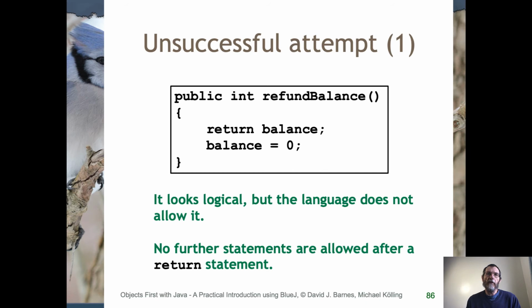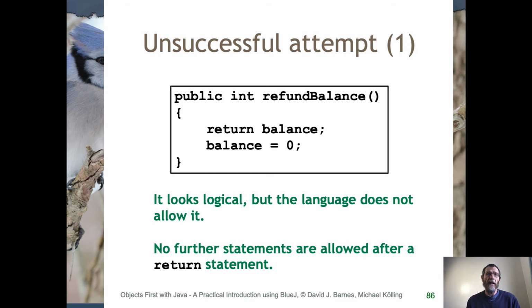And inside the body of the method, we've got that attempt to return the money to the customer, so return balance. And then immediately after the call to return balance, we then set the balance to be zero because the money is no longer in the machine. Now, on the face of it, this looks entirely logical. We're returning the amount that's excess and we're setting balance to be zero.